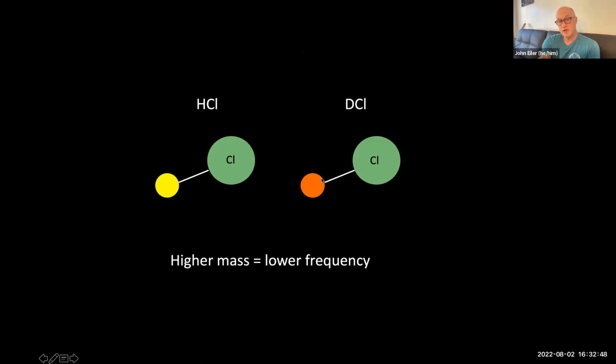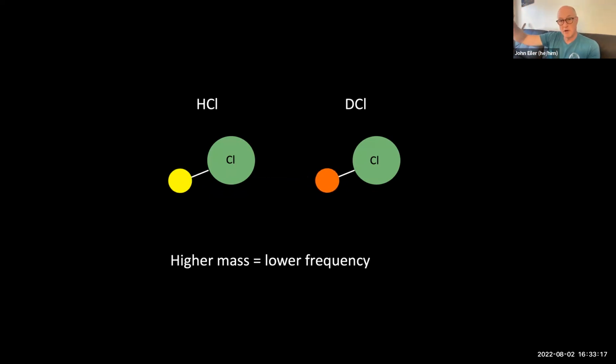In the second version, the H is the rare deuterium isotope, the heavy isotope of hydrogen. When I look at the frequency of the motion, the spring is the same. The spring that connects the atoms to each other is the electronic structure of the bond. In one case, the spring is acting on something light. In the second case, it's acting on something heavy. It's like if I had a slinky spring and I put a tennis ball on the end, it's going to bounce quickly.